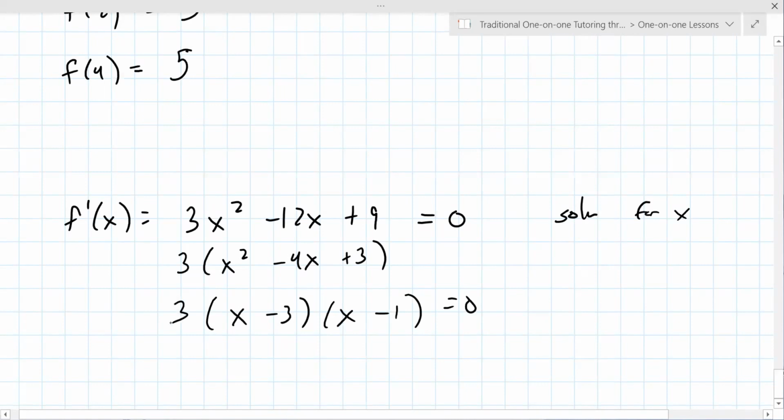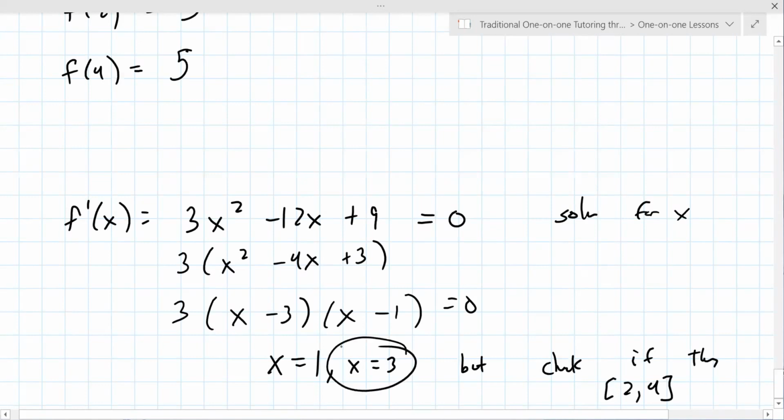Now the two values are x equals 1 and x equals 3, but you have to check if they are in the window. So the window is from 2 to 4. See how that's the only one that's okay? Yep. So you go back here and you find f of 3. You put 3 in for x and you get 1.